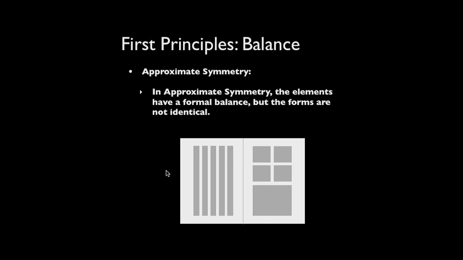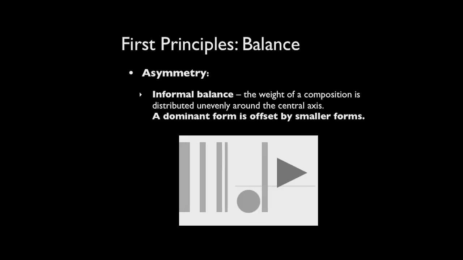Sometimes that's approximate symmetry where you have an equal amount of balance from one side to the other, and you're going to find many cinematographers and directors work in this way. They'll put a certain amount of weight over here of these objects and a certain amount of weight of these objects on the other side.